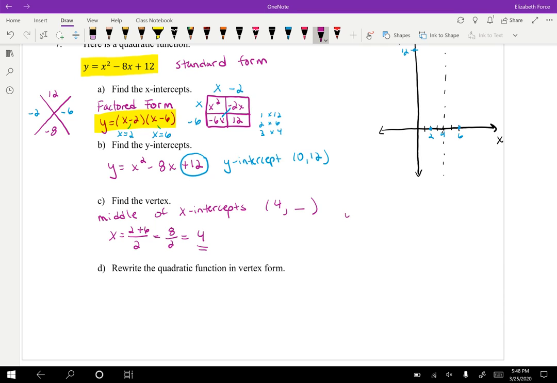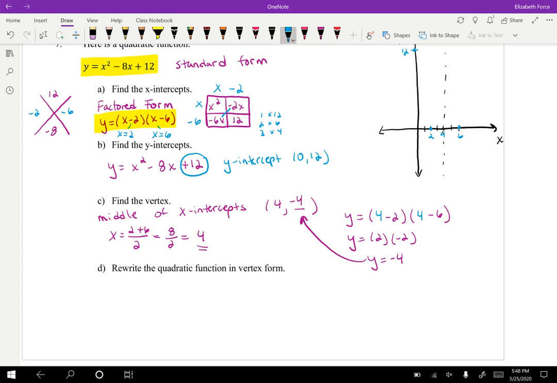So y is equal to 4 minus 2 times 4 minus 6. 4 take away 2 is going to give you 2. 4 take away 6 is negative 2. And now I know where my y coordinate is for my vertex point. So 4 comma negative 4.